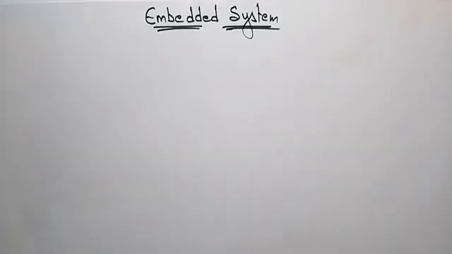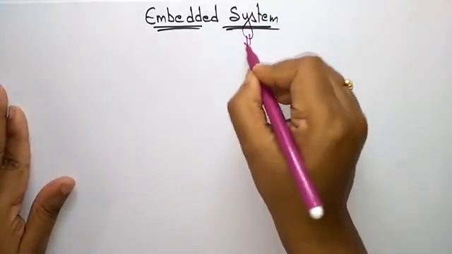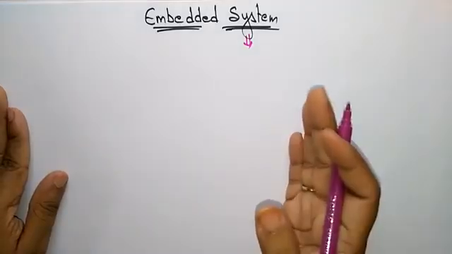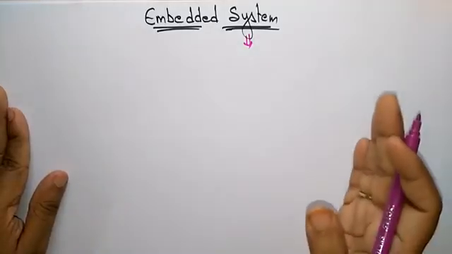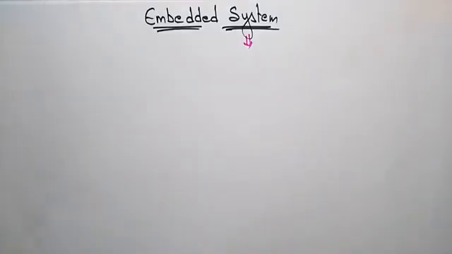Before going to know about the embedded system, first you need to know what exactly a system is. A system is nothing but an arrangement in which all its units assembled work together according to a set of rules. A systematic approach means they are following some set of rules, with equipment all combined together and performing some operation.